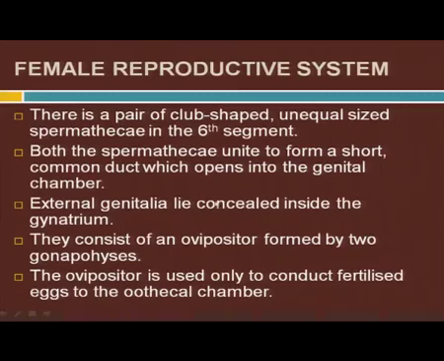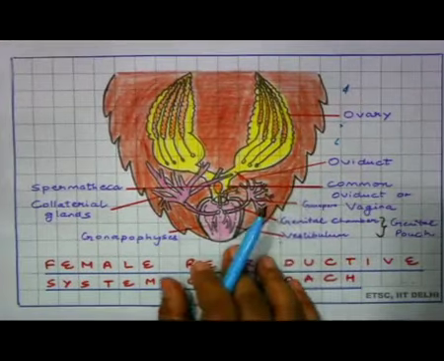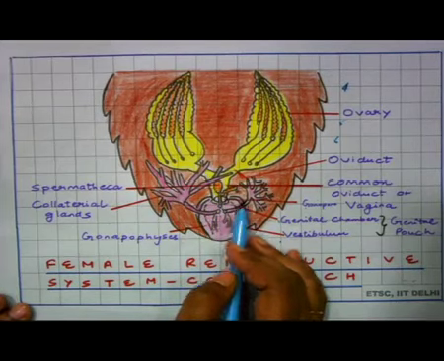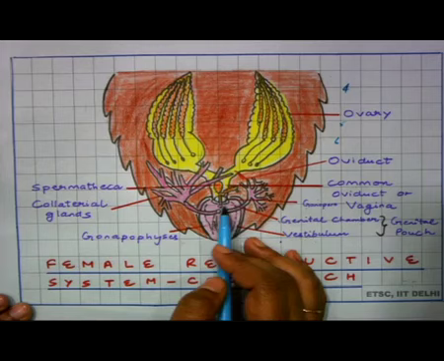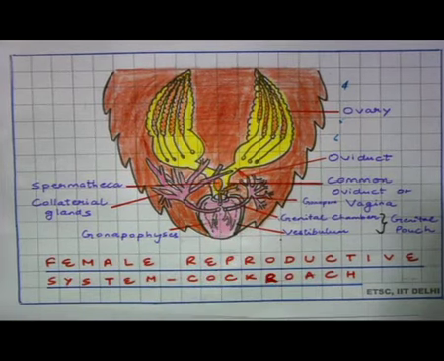The ovipositor is used only to conduct the fertilized eggs. So, fertilization can occur when the sperm meets with the ova, and only the fertilized eggs will be led to the oothecal chamber with the help of the ovipositor.